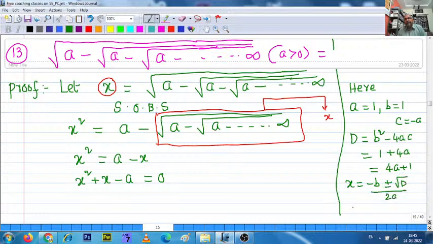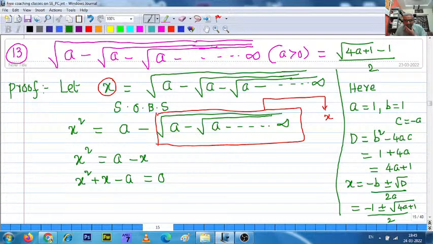Substituting, minus 1 plus or minus root of 4a plus 1 upon 2. Since this value will be positive, x is equal to root of 4a plus 1 minus 1 upon 2. That's all. I hope it's very clear to you.